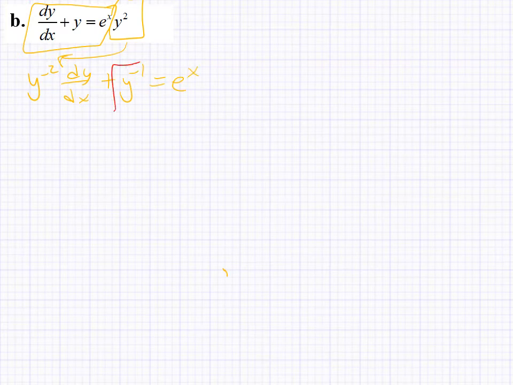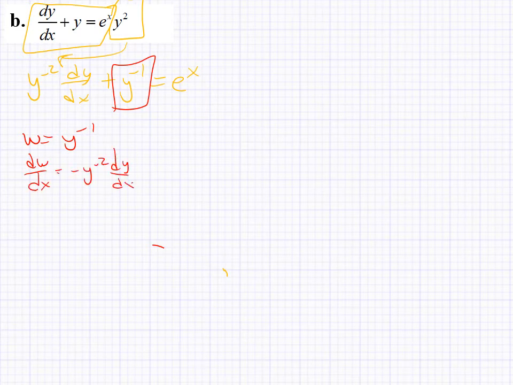Again, whatever's right here, that's our w. So w is going to equal y to the negative 1. dw/dx would equal negative y to the negative 2 dy/dx. This is exactly the same as the last one with our substitution.